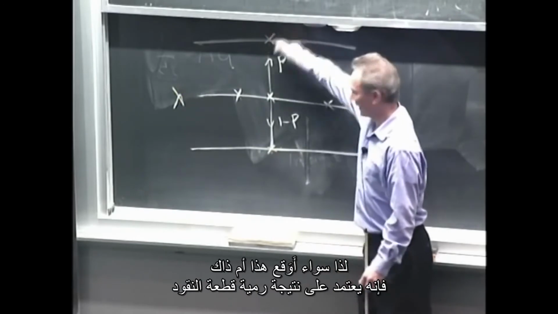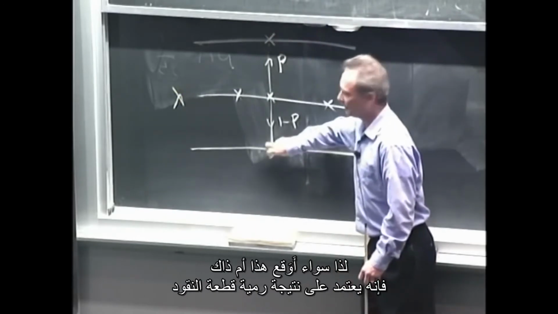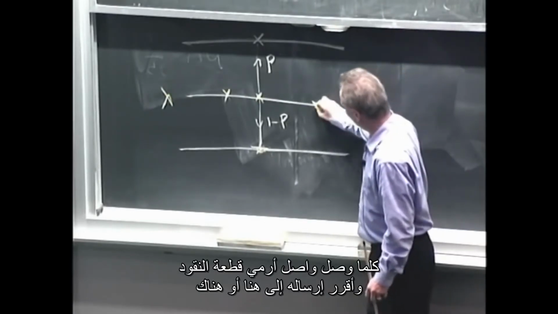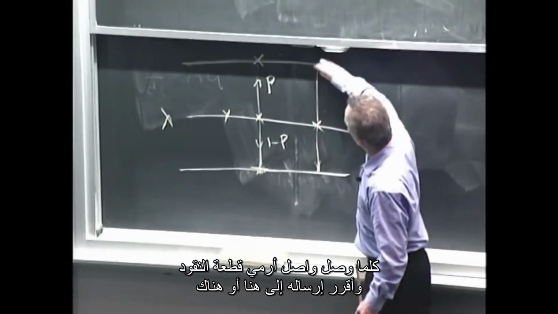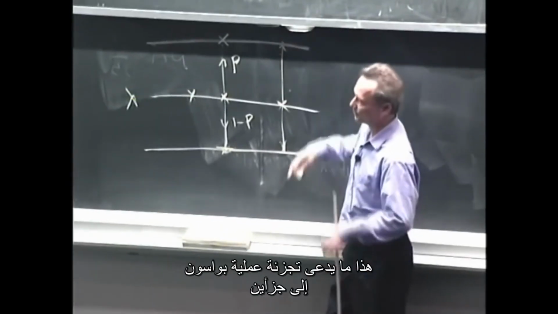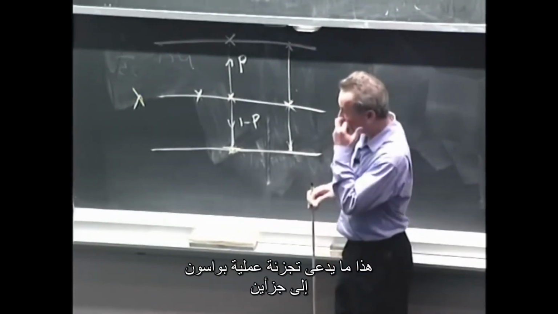So either this will happen or that will happen, depending on the outcome of a coin flip that I do. Each time that an arrival occurs, I flip a coin and I decide whether to record it here or there. This is called splitting a Poisson process into 2 pieces.